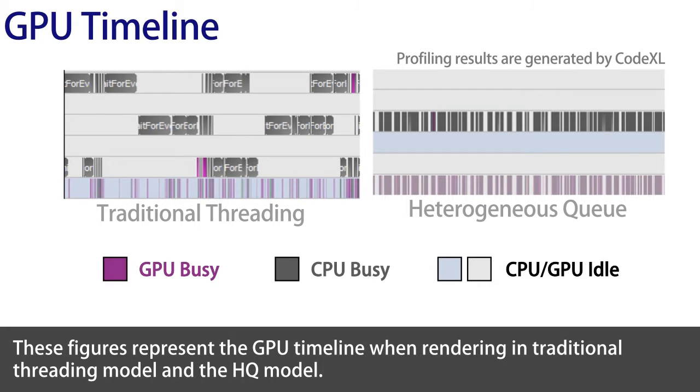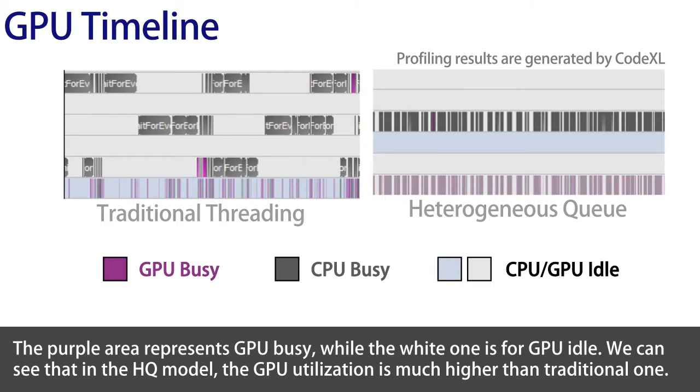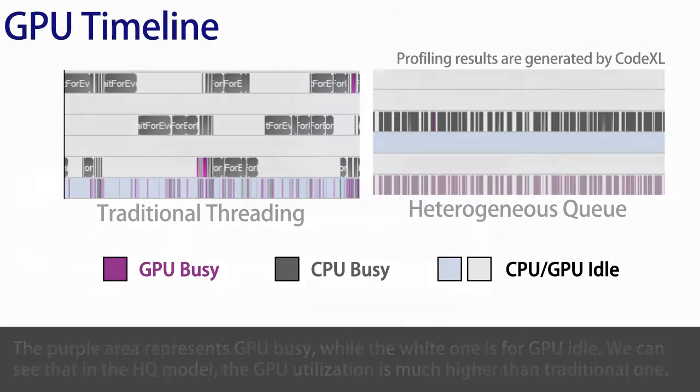These figures represent the GPU timeline when rendering in the traditional threading model and the heterogeneous queue model. The purple area represents GPU busy, while the white one is for GPU idle. We can see that in the heterogeneous queue model, the GPU utilization is much higher than the traditional one.